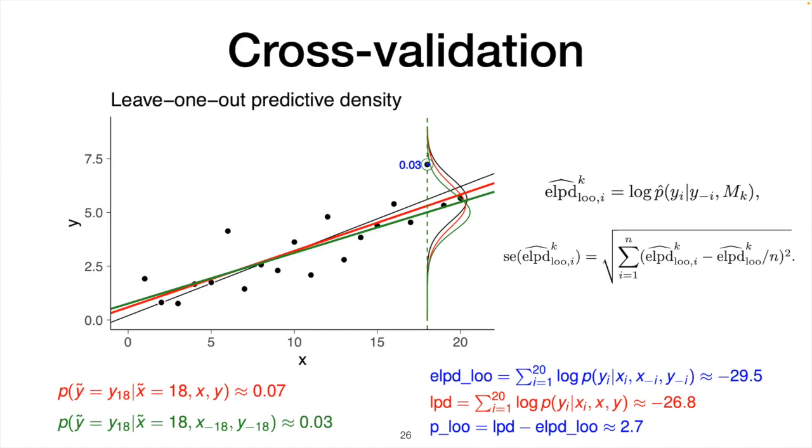You get one number. LPD is you don't have this leave-one-out training. You just train the model once, and you evaluate how good each data point is, and you sum over them. You get another number, and you can prove mathematically that this number is always larger than the other number.